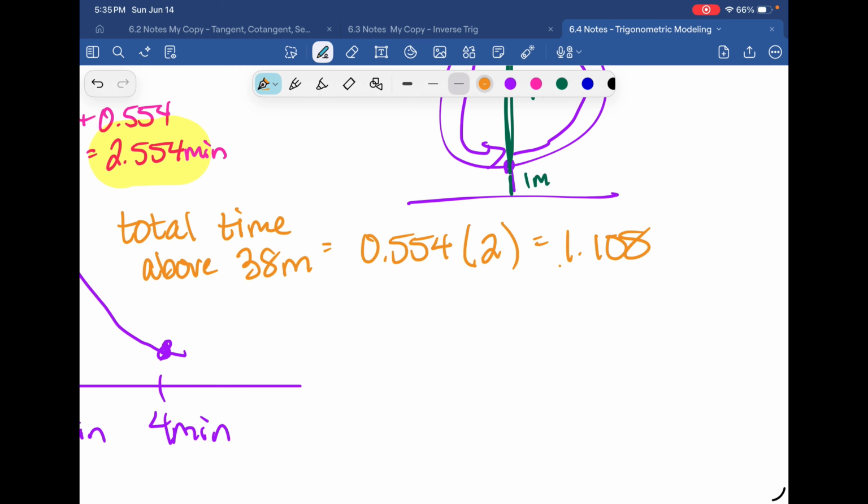So I have 1 minute, so I have 60 seconds already. Now I'm going to do 0.108 times 60.